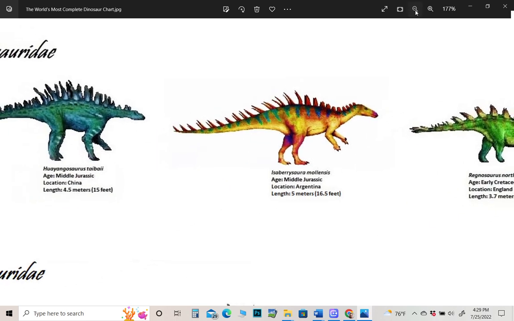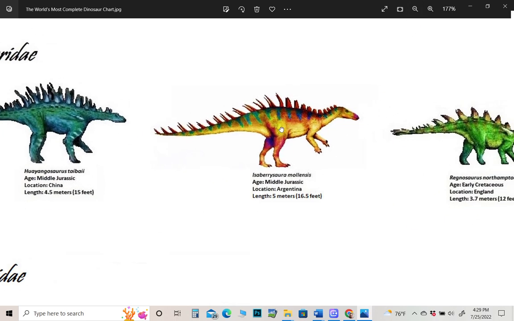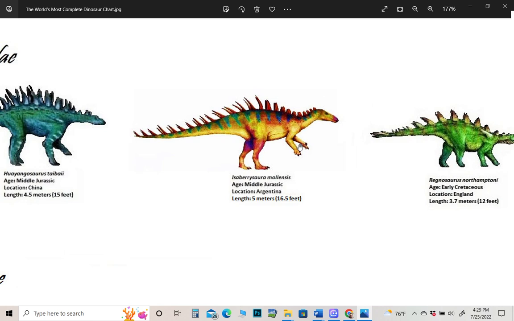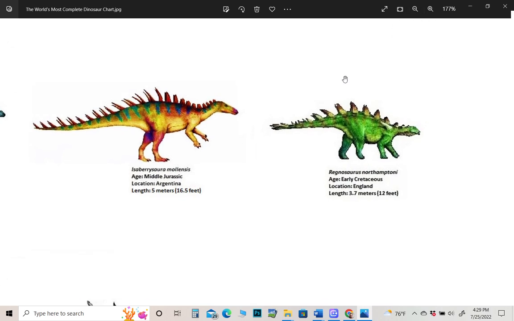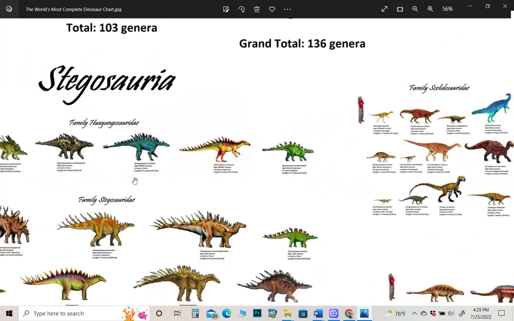If Isaberrysaura ever has a sister taxon, I'm expecting this is going to have its own, it's going to branch off into its own family. But for now, this is the best place to put it. And we got the Regnosaurus again from England. So we have those.